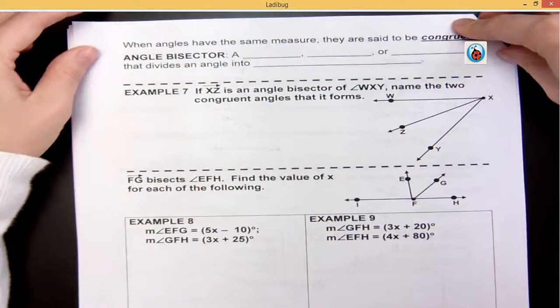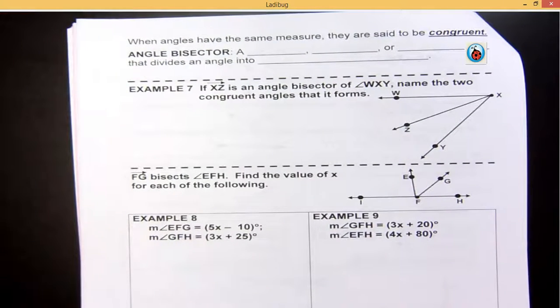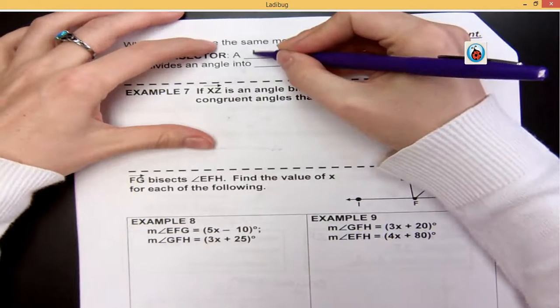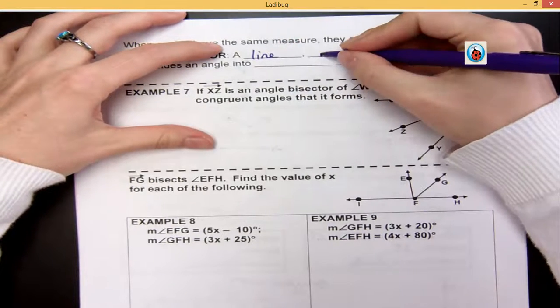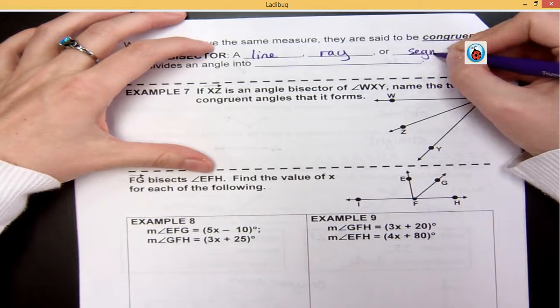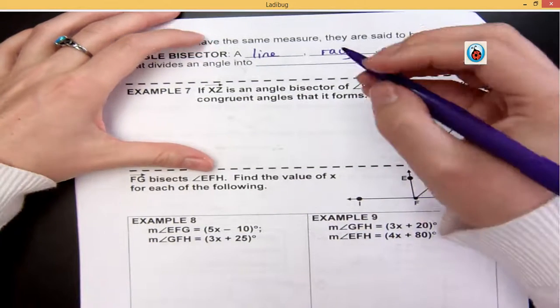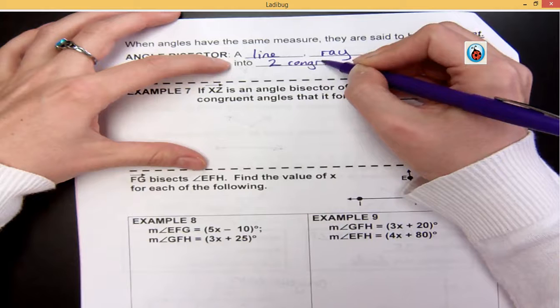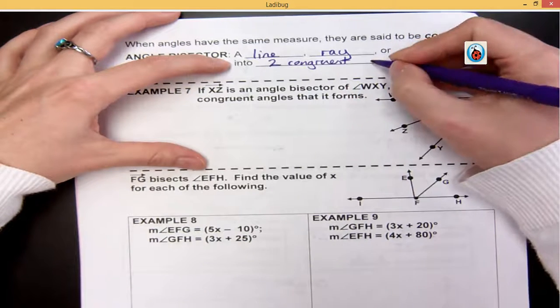There's lots of pages of notes today because angles are so big when you draw them out. So next we have an angle bisector, which is just like we did last unit. A bisector means it's the exact middle, so it's a line, ray, or segment that divides the angle into two congruent angles.